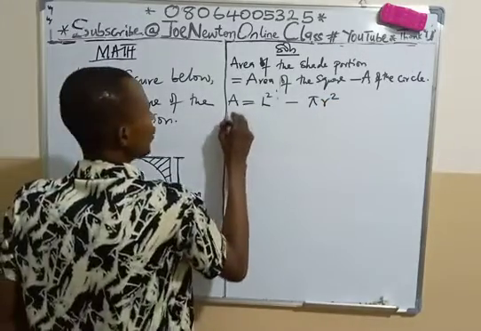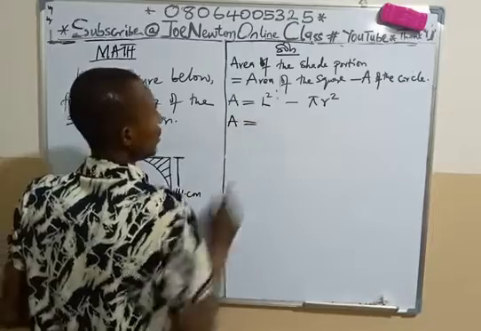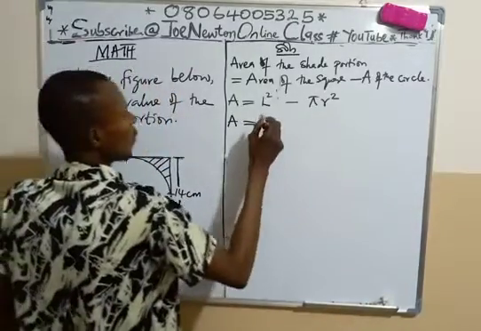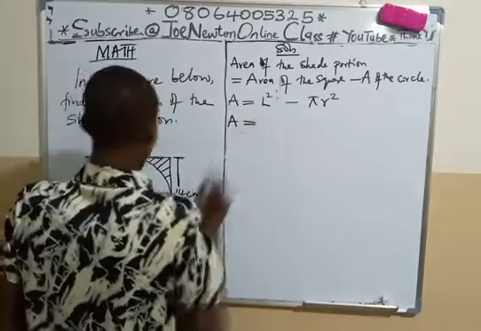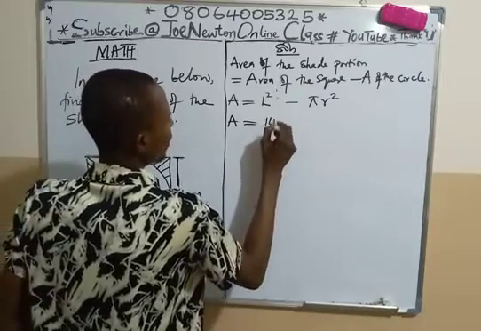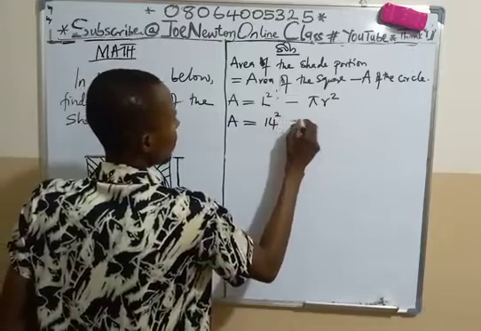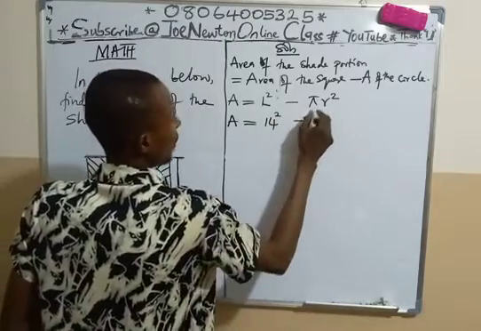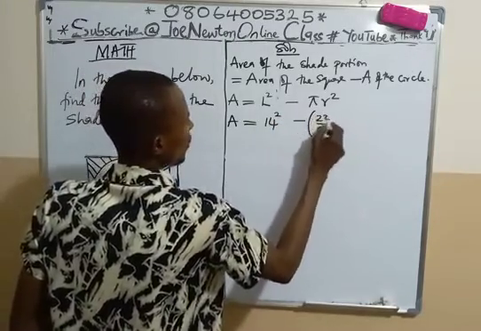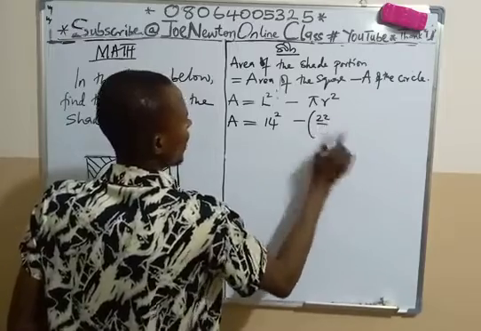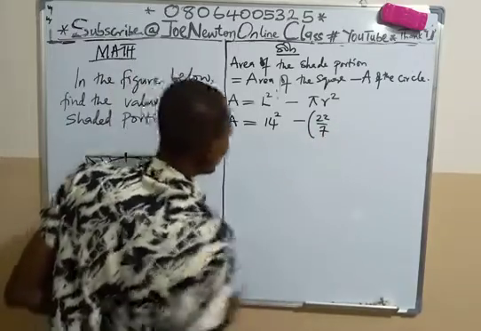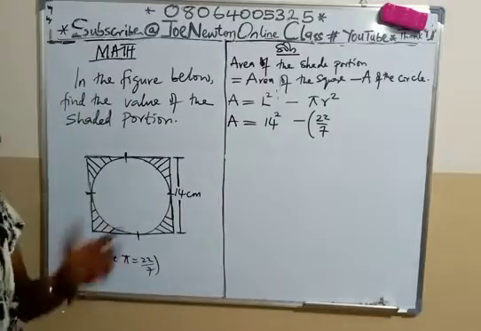Then taking it together, I'll have the area expected is equal to the length is 14 cm, that's 14 squared, minus we have here 22/7. Now we are not given the radius of the circle.